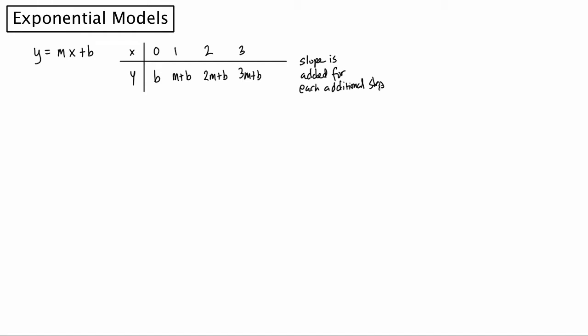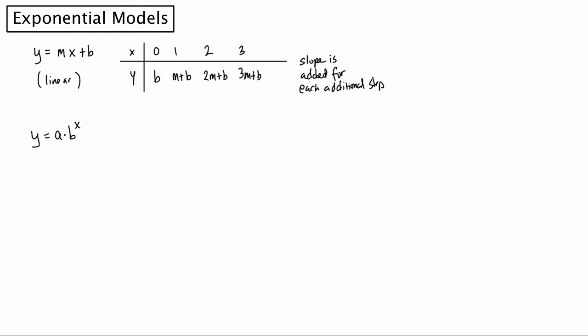Now let's contrast that. So this is a linear model. Let's contrast that with what an exponential model does. Exponential models are models of the form y equals a times b raised to the x power. So there's a power involved in the x variable. The independent variable is in the power.